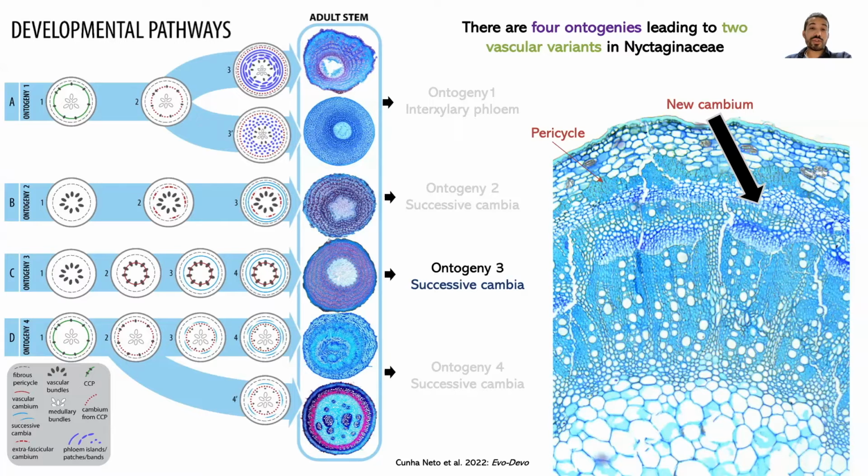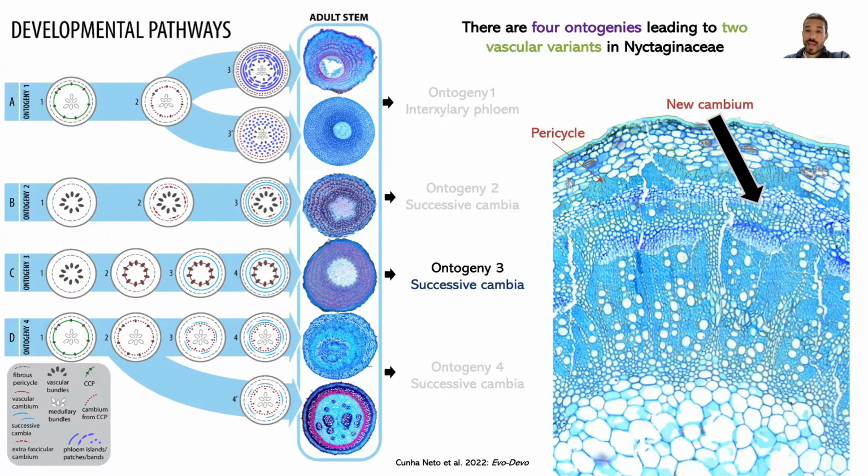Ontogeny 3 is the most common. It's the most traditional type of successive cambium. So here we have a stem ontogeny that initiates with the regular eustele. There is a period of regular growth from a vascular cambium that forms from the vascular bundles of the primary vasculature.